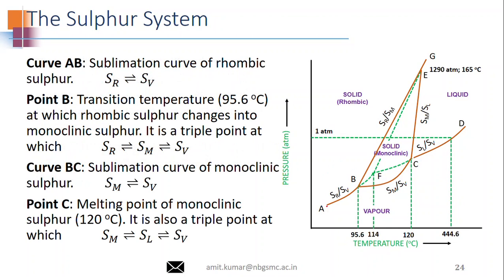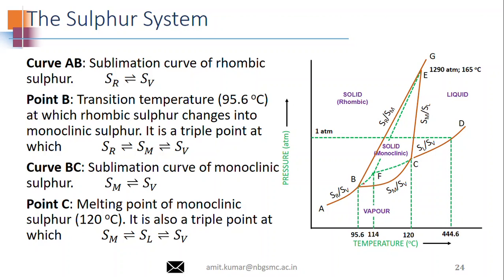Looking at curve AB, this represents the sublimation curve of rhombic sulfur and sulfur in vapor state, that is why it is represented as SR in equilibrium with SV. Moving ahead, point B is the transition temperature, as discussed, at 95.6 degrees Celsius, at which rhombic sulfur changes into monoclinic sulfur.